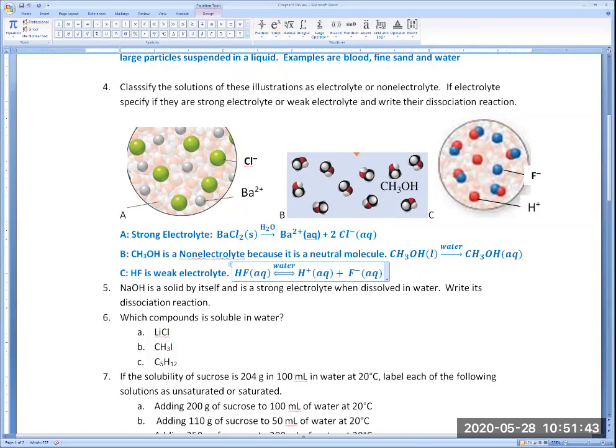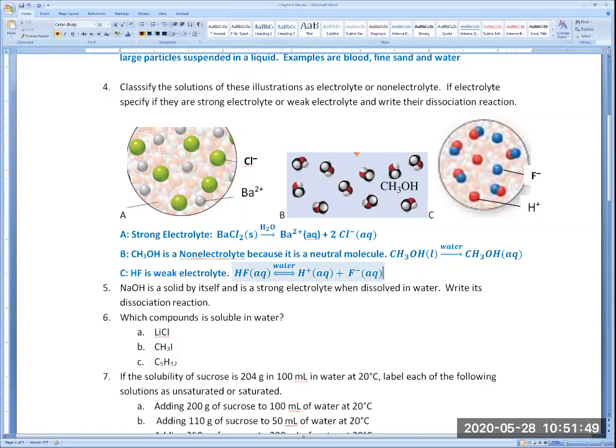But notice here, and the key to differentiate a strong electrolyte versus a weak electrolyte, it's the arrow. It's all in the arrow. So it's really a detail that you have to not overlook.